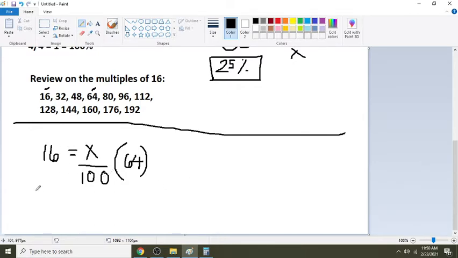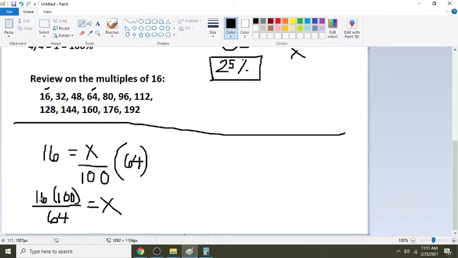Basically, you're going to multiply 100 by 16 and then divide it by 64, equals x. You're going to solve 16 times 100 divided by 64, but you're not actually going to compute it.